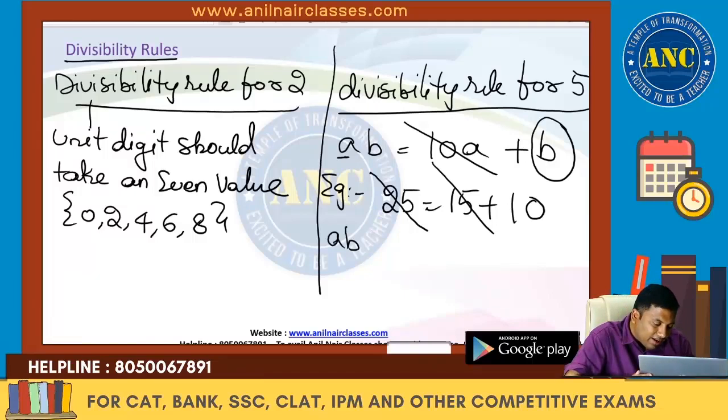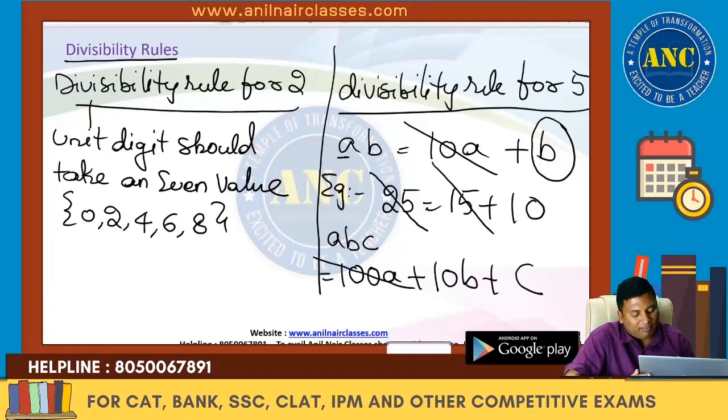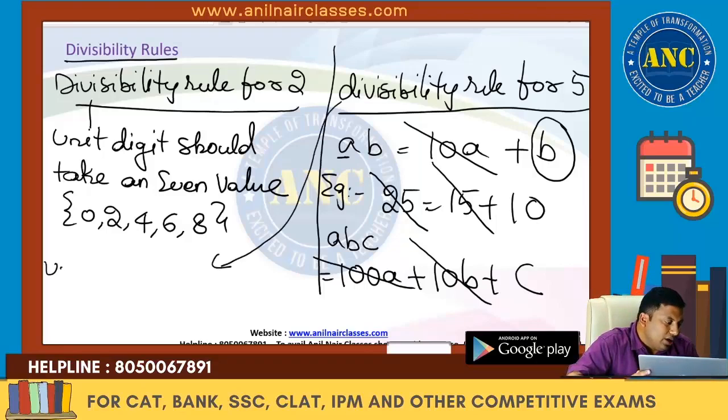Even if I take a 3-digit number, A is there in hundreds place, 100A plus 10B plus C. 100 is divisible by 5, 10 is divisible by 5, C should be divisible by 5. That means the divisibility rule for 5 is that the unit digit should be 0 or 5.